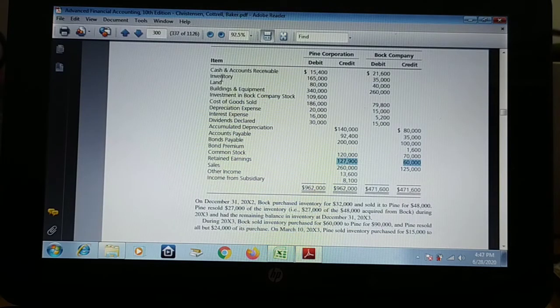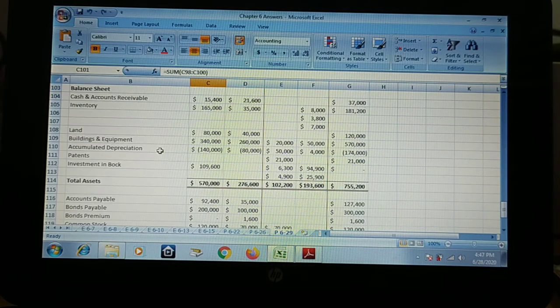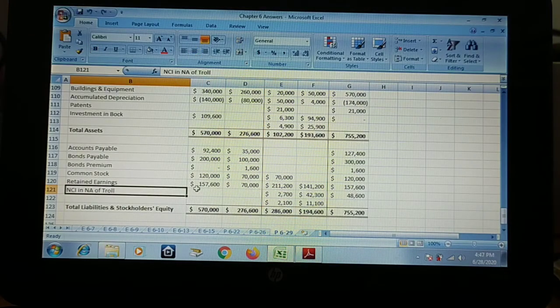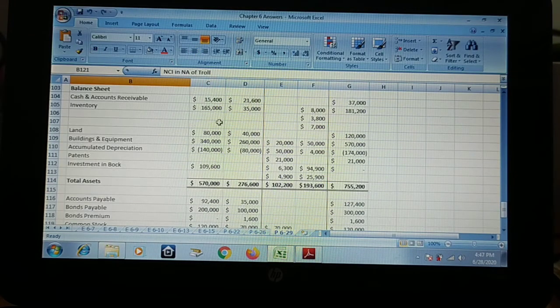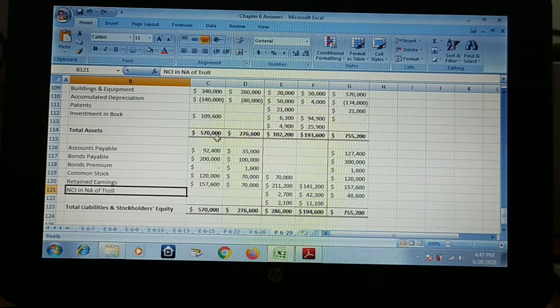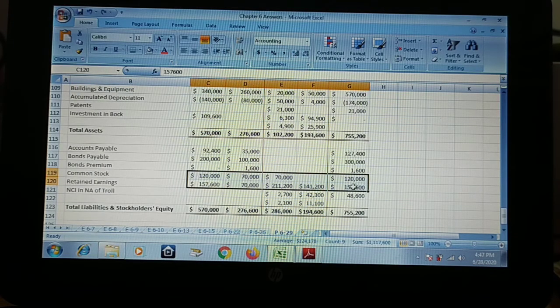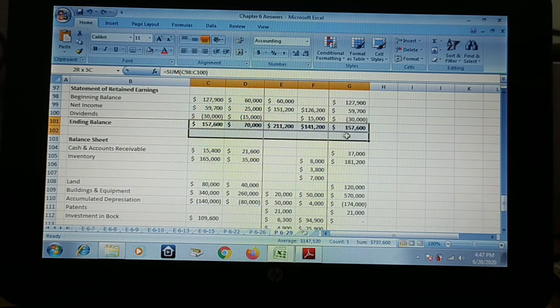So the assets are cash, inventory, land, buildings, investment, accumulated depreciation. Remember we have patent also. And then for the liabilities, we have accounts payable, bonds premium. Then we have common stock, retained earnings, and NCI in NA. So just move over the numbers. Make sure it's balanced first, and then you can go to the elimination entry. For retained earnings, remember to always take it from the previous section.